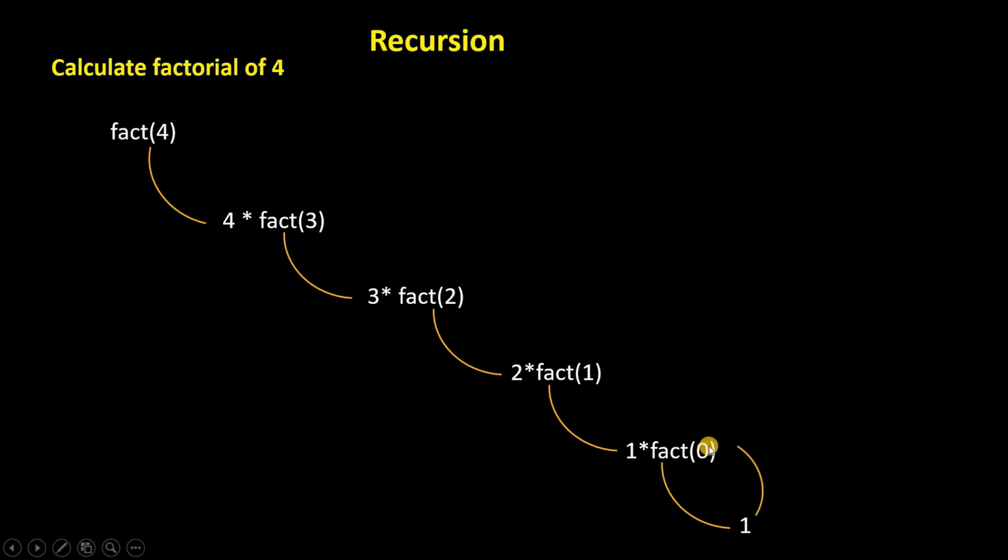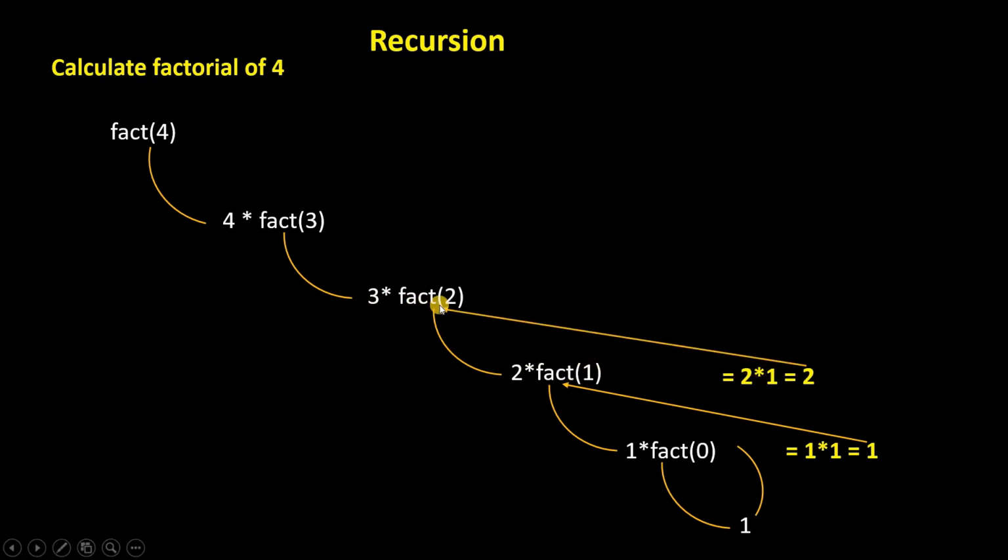This one will come to here, and the value of this will be 1 into 1, that is 1, and this will be returned to fact of 1, and the value of this whole thing will be 2 into 1, that is 2, and this 2 will return to this fact of 2.